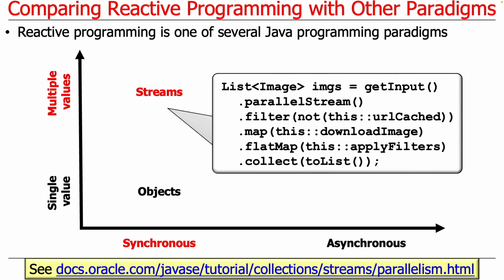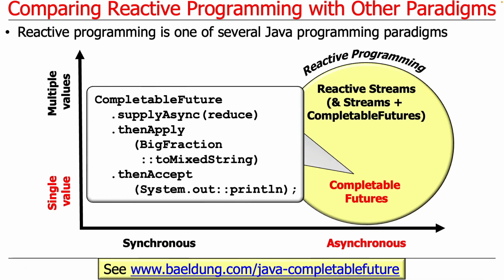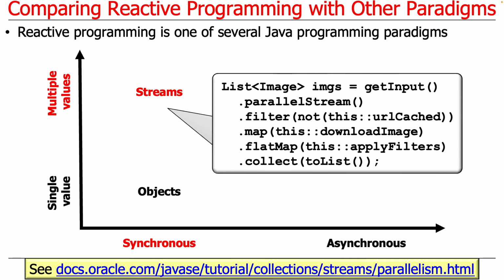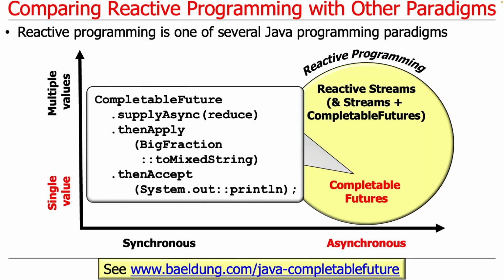When I'm all done with all those filtering and transforming operations, I will collect them together into some other data structure like a list, and I get back multiple values, either multiple values in the stream or multiple values when we're done by collecting them into a list. So that's synchronous, multiple values. This model, I like this model a lot. I think it's easy to learn, and once you pop your brain into it, it scales quite nicely. So it's got a really good balance between performance and ease of programming.